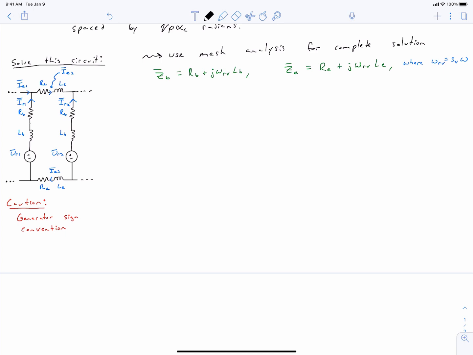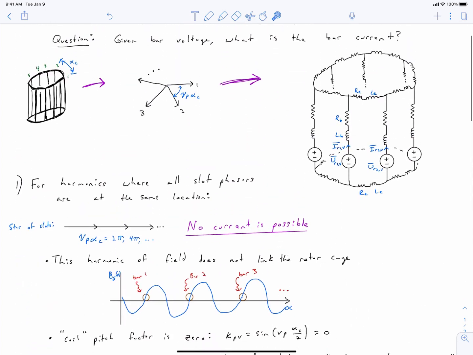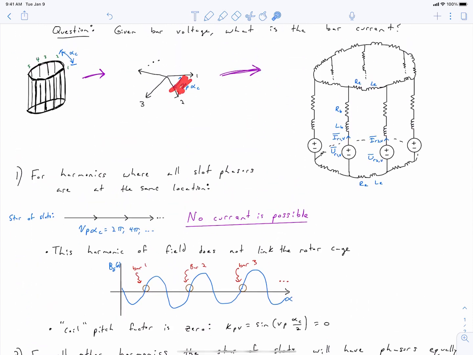And we're going to make the following observations, which will then simplify our analysis. The first observation is that our phasor for bar number 2 is equal to our phasor for bar number 1, but rotated by VP alpha C radians. And that we know from drawing our star of slots up here. So here's our bar 1 phasor.